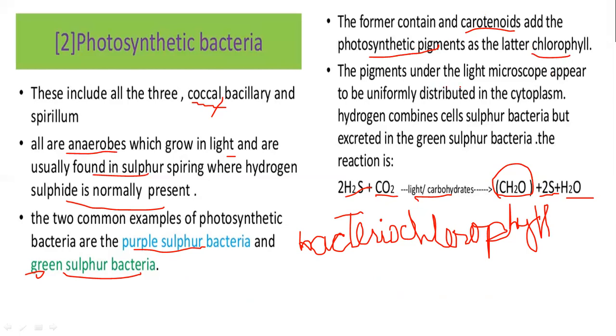The pigments under the microscope appear to be uniformly distributed in all of the cytoplasm. So hydrogen combines with the oxygen and forms water, while sulfur in the reduced form just comes out, and carbohydrates are formed.